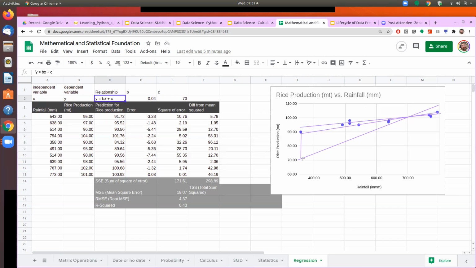So this is my prediction, because this line is my prediction line and this is the actual value. So this difference is my error. Similarly, when the rainfall is say around 500, this is my error, and then at some point the error is lower, and then the error moves in the other direction. It means that at some point when the rainfall is higher, actually my prediction becomes higher than the actual number.